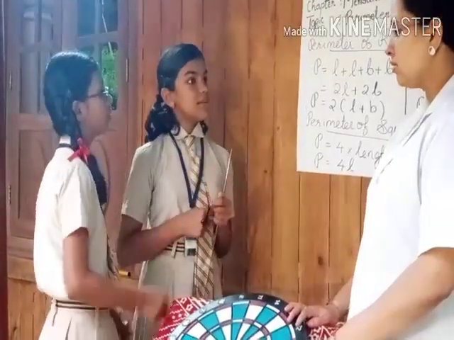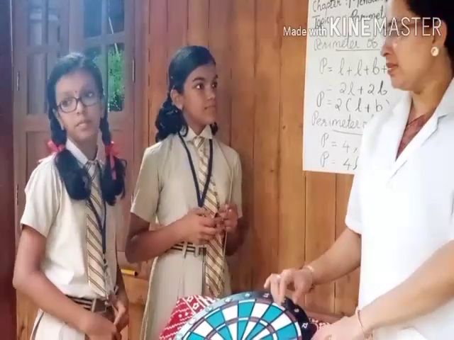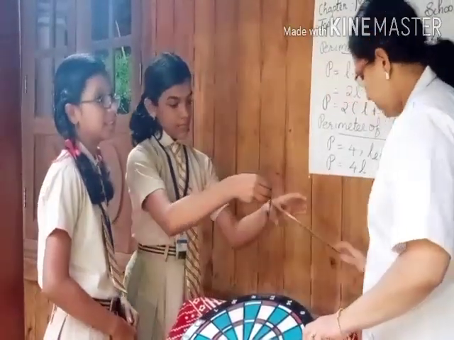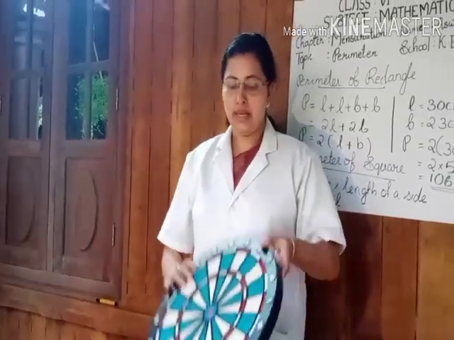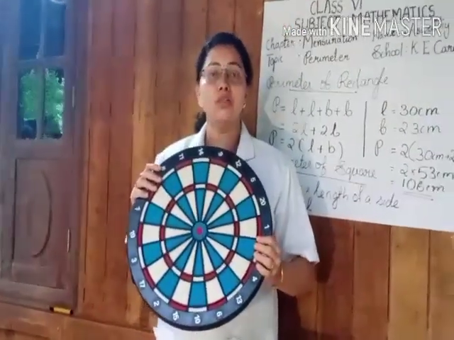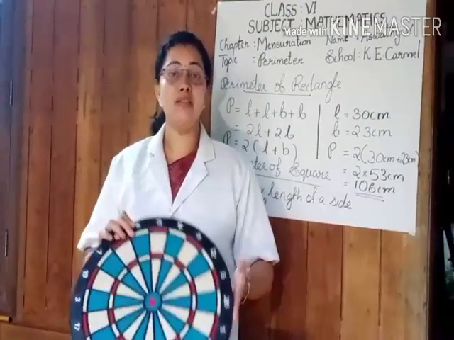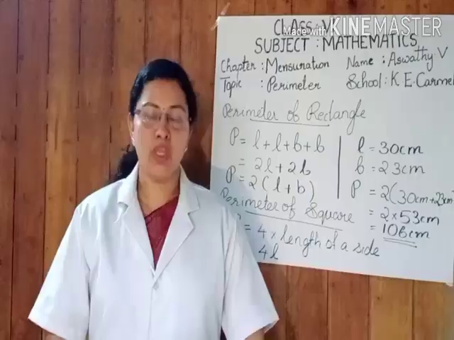Ma'am, it's 127 centimeters. Yes. Very good. Thank you. So, the length of this dartboard or the perimeter of this dartboard is 127 centimeters.